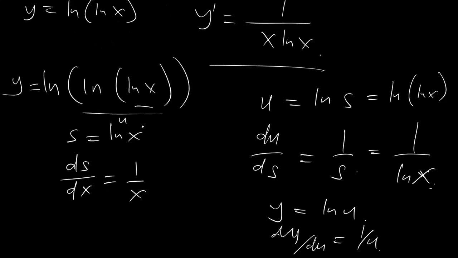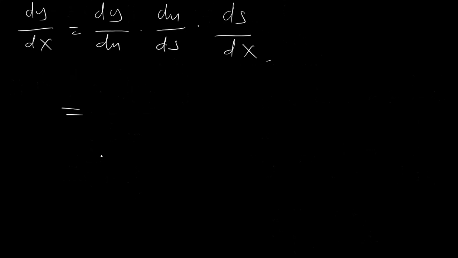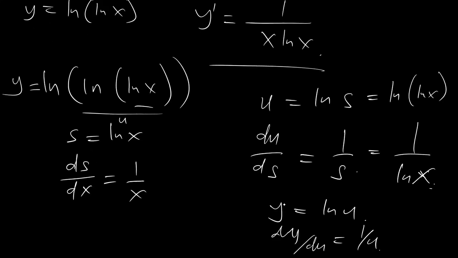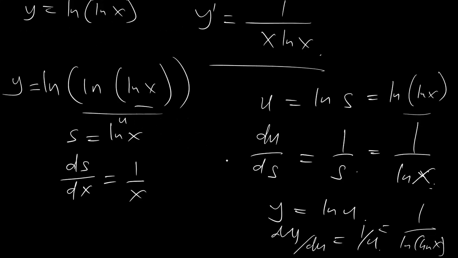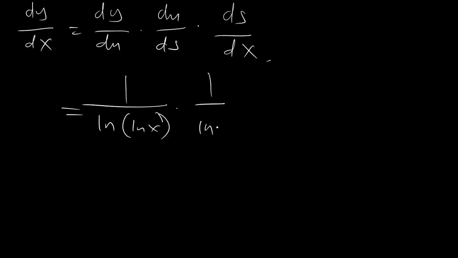Now, using this chain rule, dy over du is 1 over u, and u is ln x, so this is equal to 1 over ln x. You now have 1 over ln x times 1 over x.